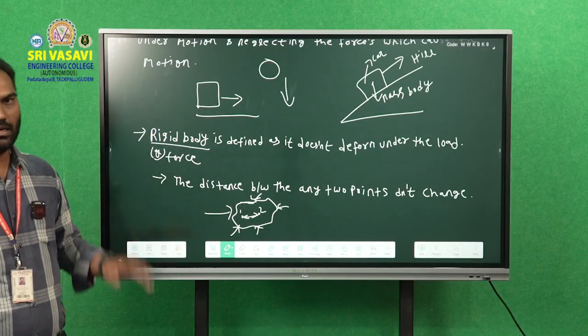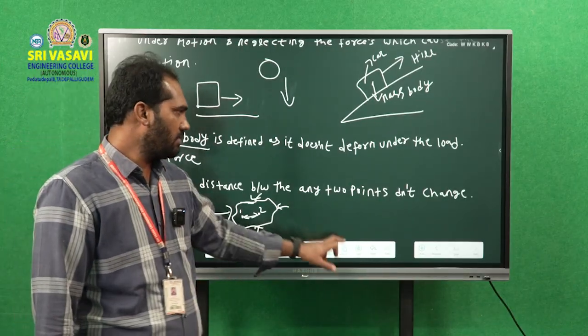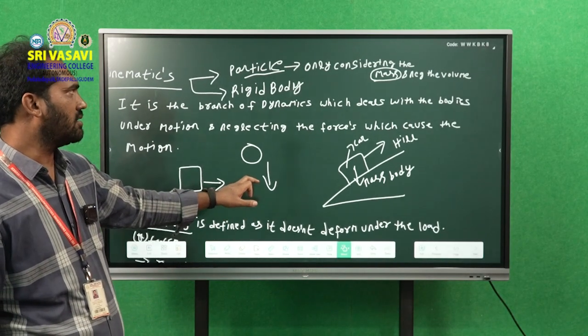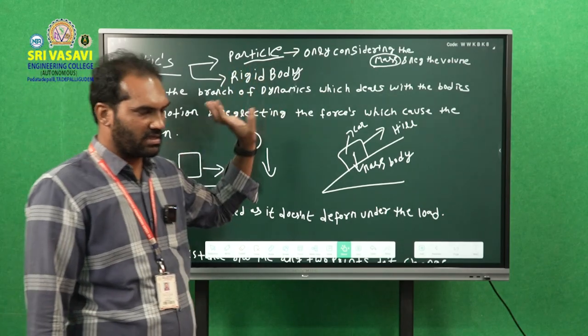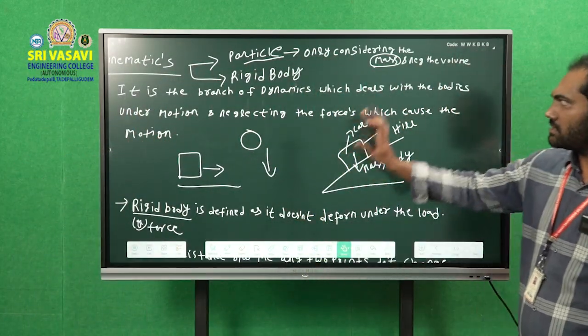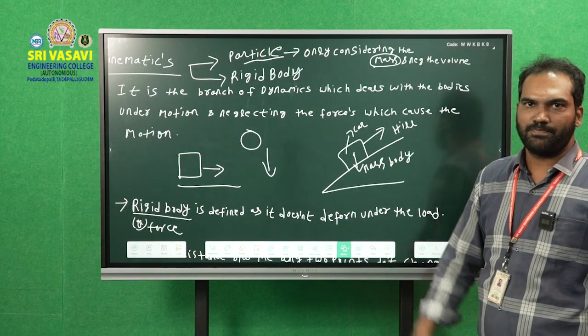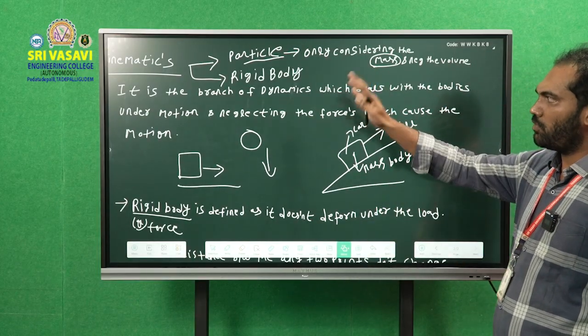So that is nothing but a rigid body. In this session we will deal with particles and rigid bodies. A particle only considers the mass, and a rigid body considers the whole element with the volume.